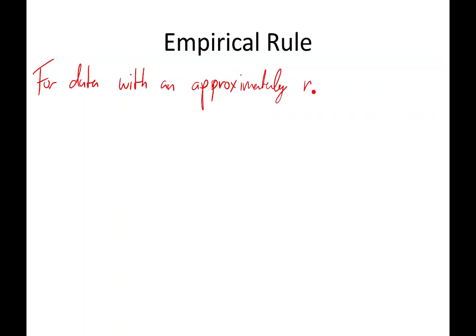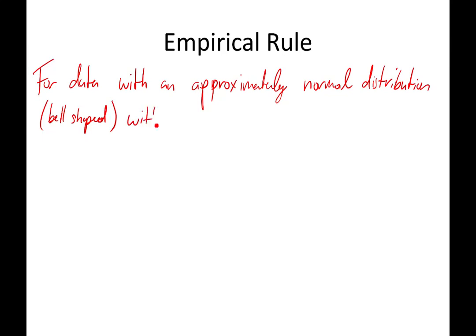It says that if you have a data set with an approximately normal distribution, normal meaning bell-shaped, it turns out that a normal distribution can be really well explained by its mean and its standard deviation.